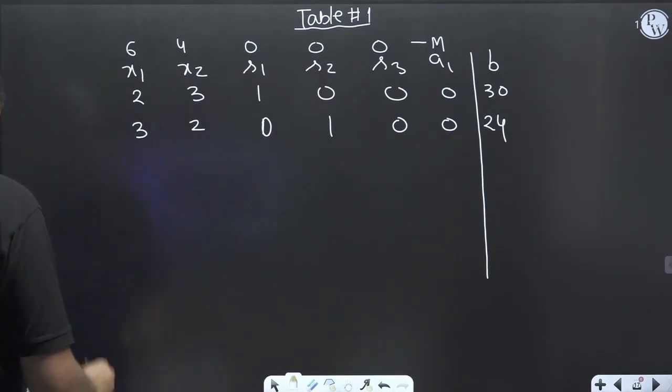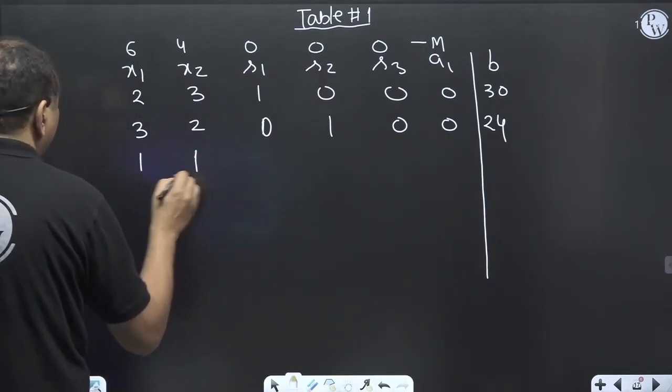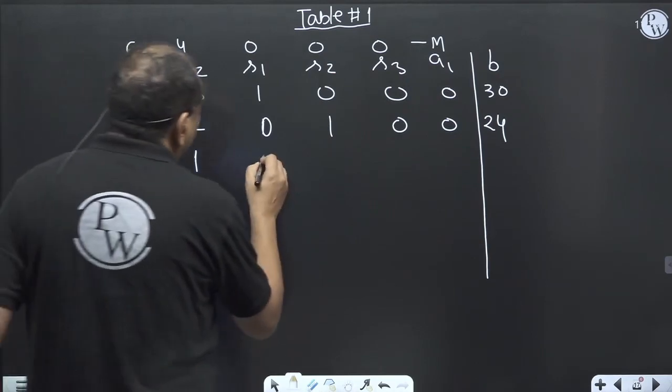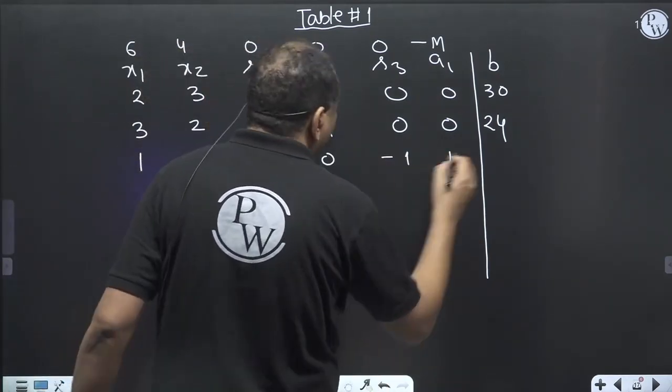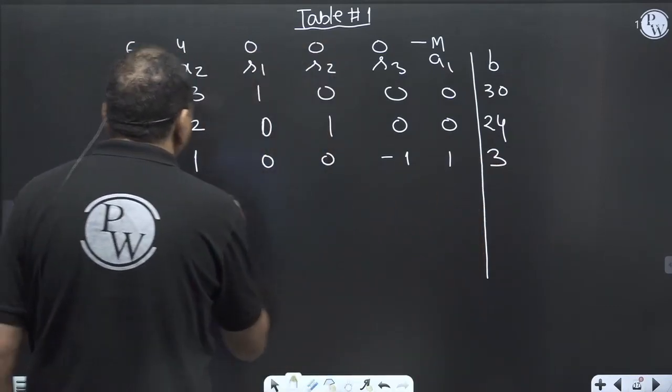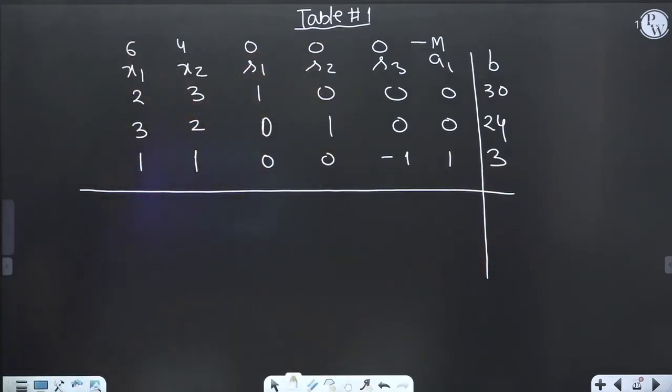Third constraint is 1, 1, 0, 0, minus 1, 1, and 3. Okay, na? So I have written like this.